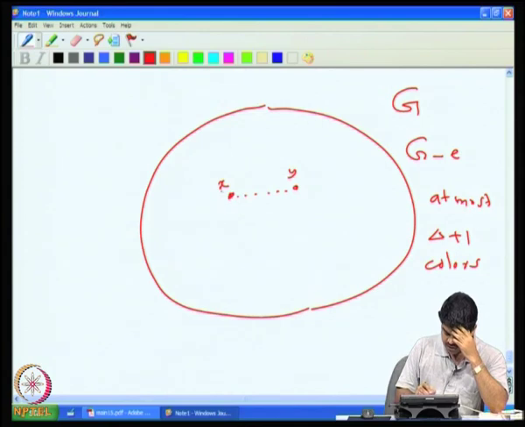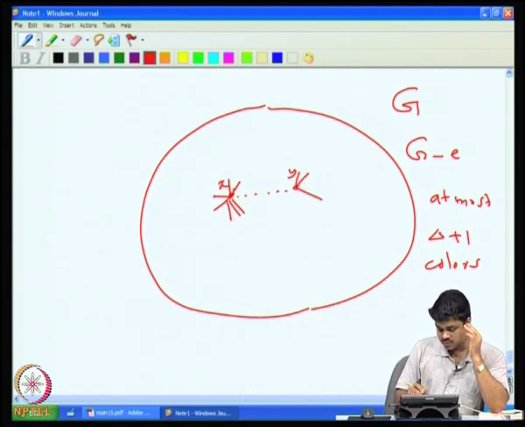Now of course, if you look at x, in fact, now delta minus 1 edges can be seen here like earlier. So, how many colors will be there around? Only delta minus 1, so 2 colors are missing here, not 1.